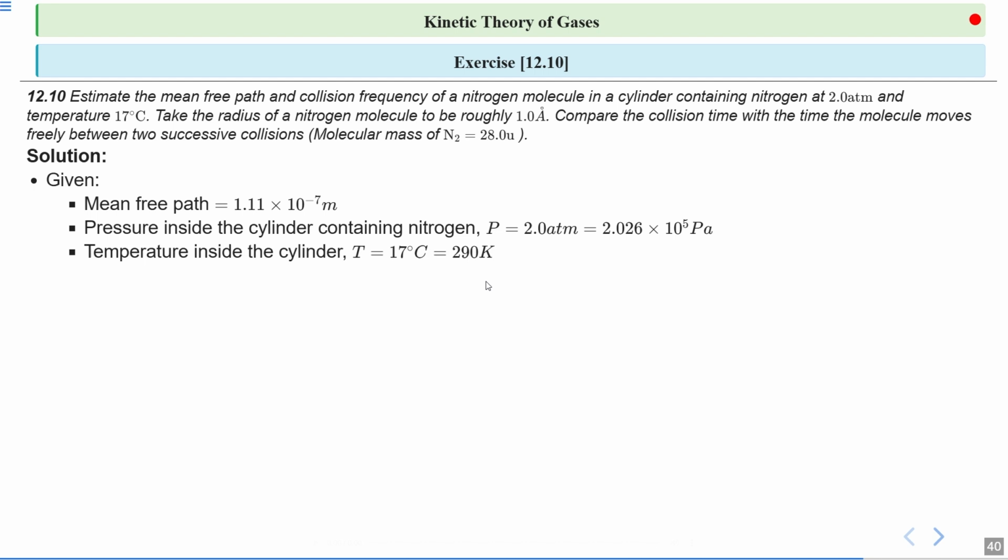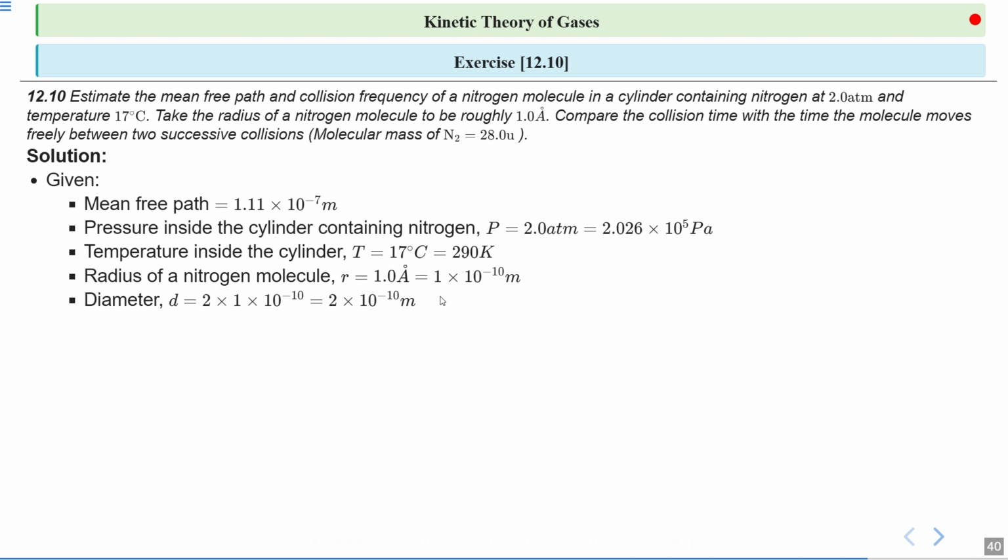Temperature inside the cylinder, T equal to 17 degrees Celsius. In Kelvin, it will be 290 Kelvin. Radius of nitrogen molecule, R is equal to 1 angstrom. And diameter will be 2 into 1 into 10 raised to the power minus 10, so it will be 2 angstrom. Molecular mass of nitrogen, 28 gram. In kg, it will be 28 into 10 raised to the power minus 3 kg.